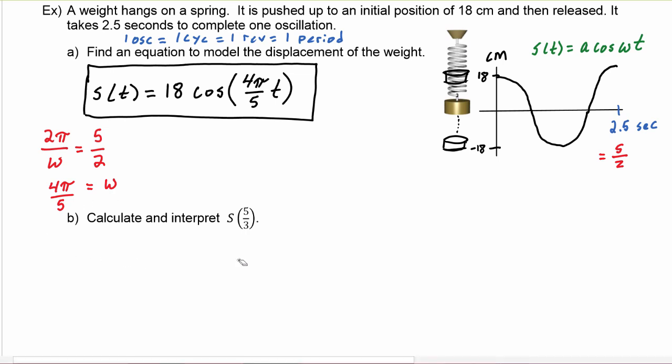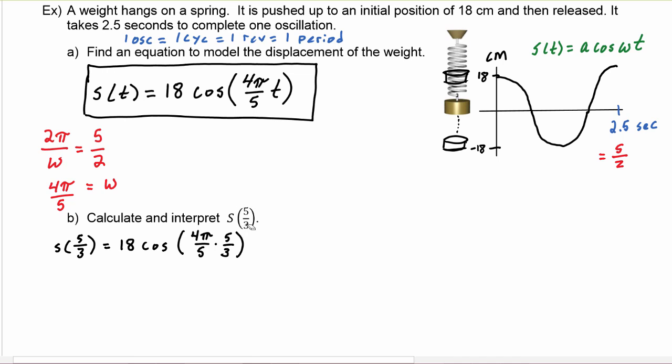In part B, we have to calculate and interpret S of 5/3. S of 5/3 is going to equal 18 times the cosine of 4 pi over 5 times 5/3.